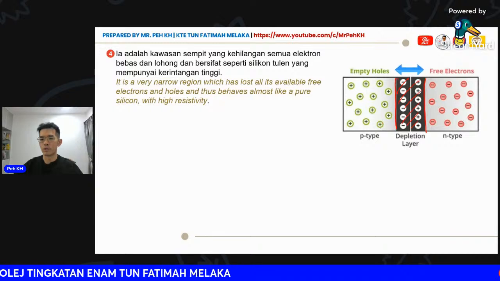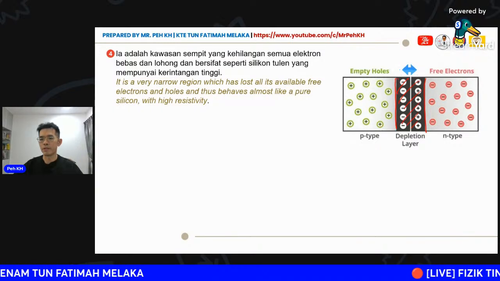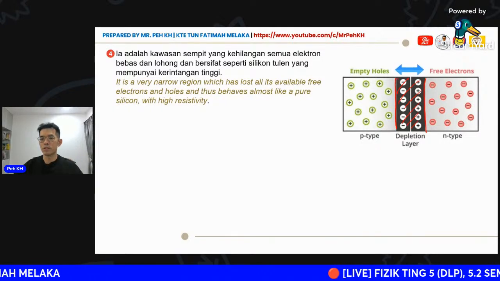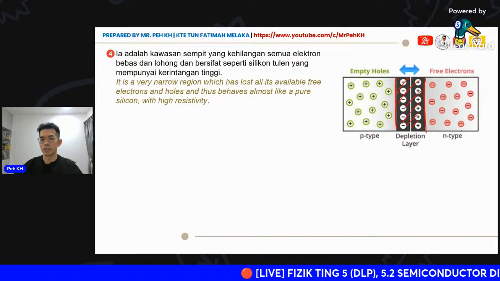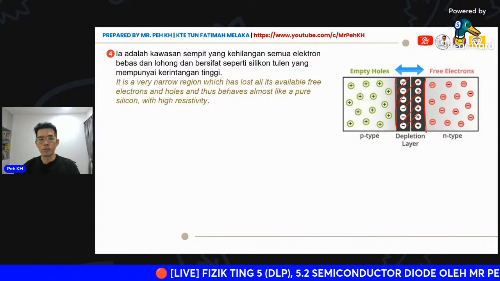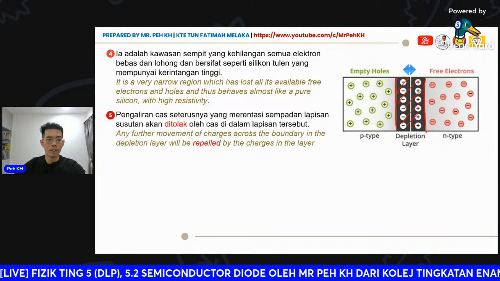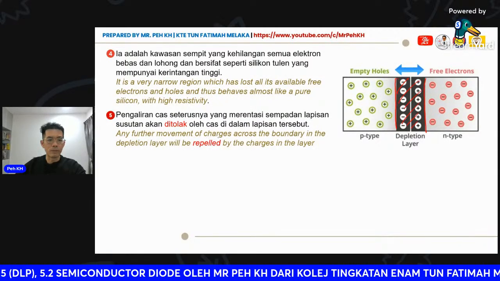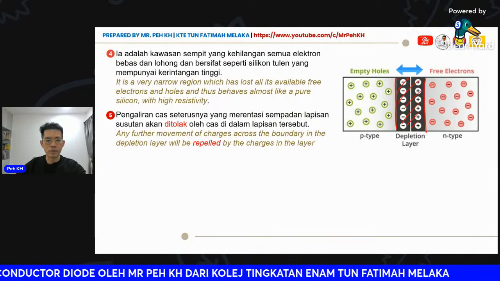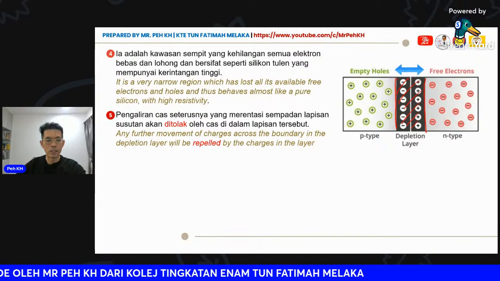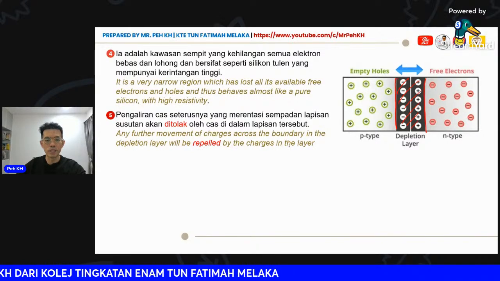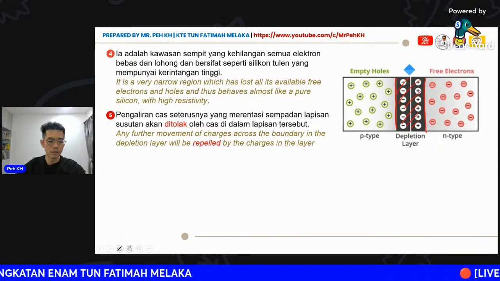It is also the same for the hole, which is prevented from moving from P-type to N-type semiconductor. So there will be no electric current produced now. Any further movement of charges across the boundary in the depletion layer will be repelled by charges in the layer. You can see this from the figure.